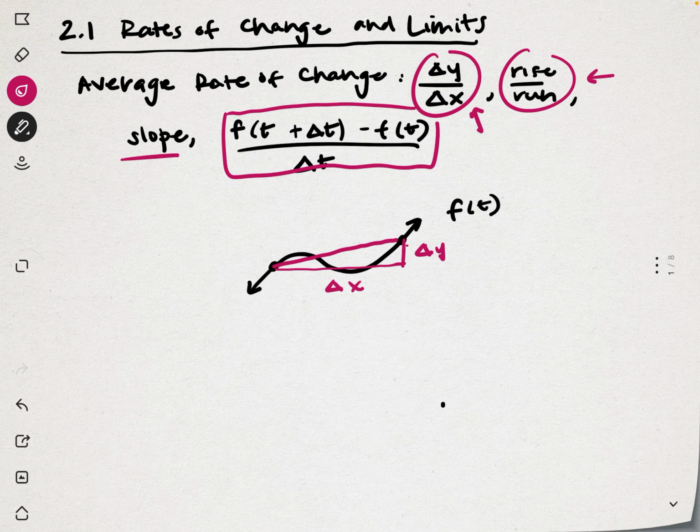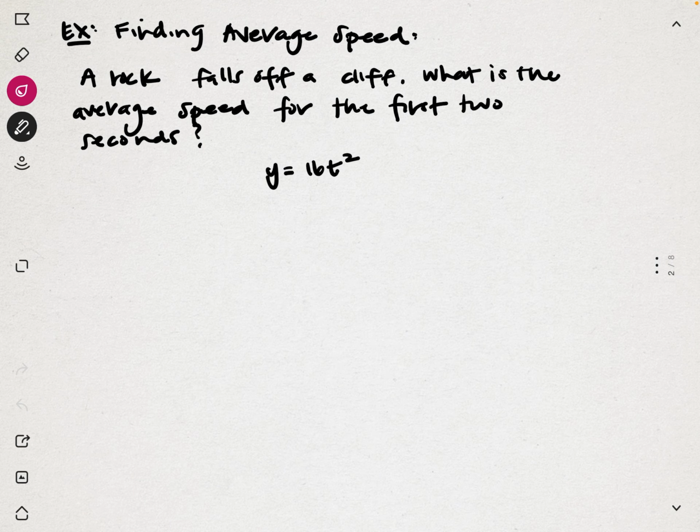Okay, the big thing today we're looking at is average speed, or average rate of change. So for the first example, it says a rock falls off a cliff. What is the average speed for the first 2 seconds? So the interval we're looking at here is from 0 to 2 seconds.